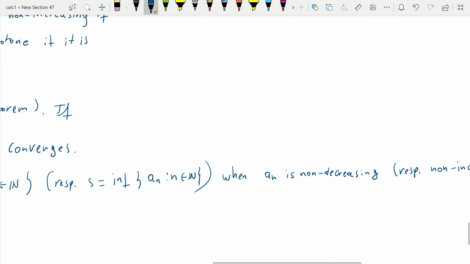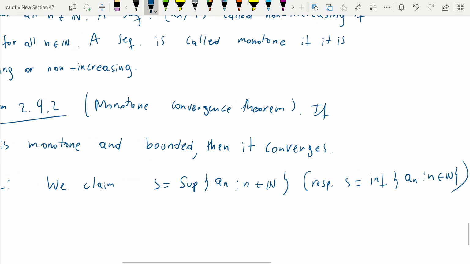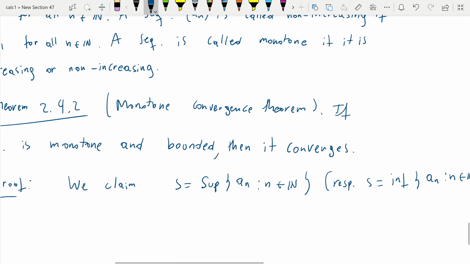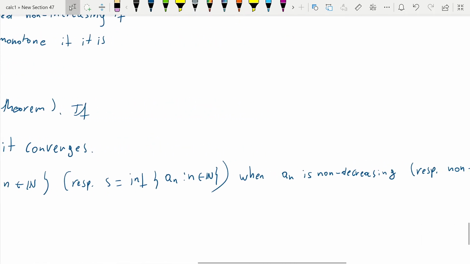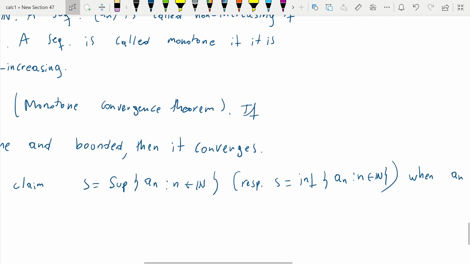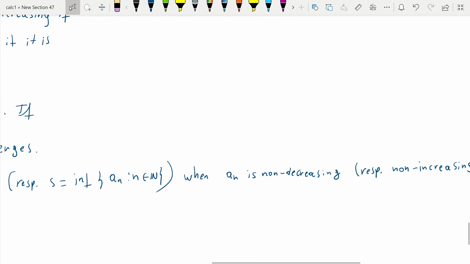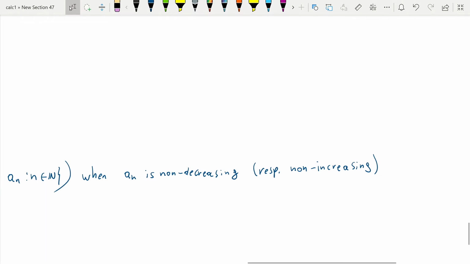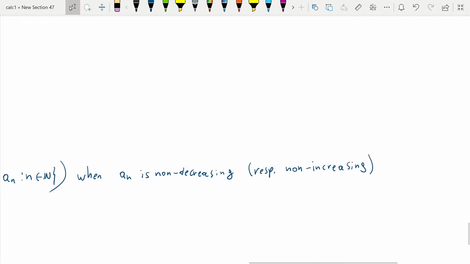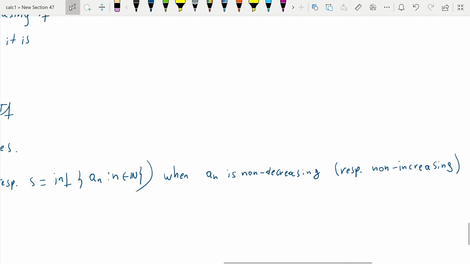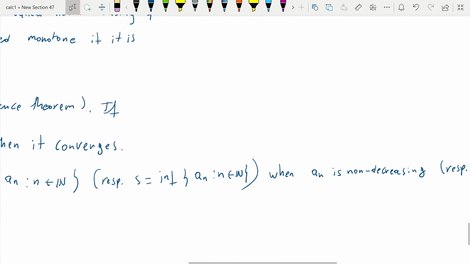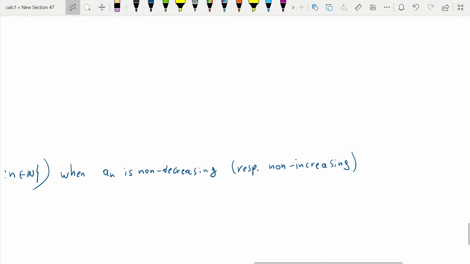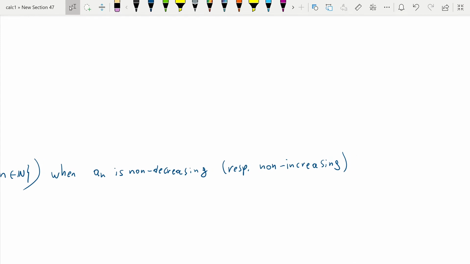So what does this mean? This means that you take S to be equal to the supremum when a_n is non-decreasing, and the infimum when a_n is non-increasing. Okay, supremum for non-decreasing and infimum for non-increasing.